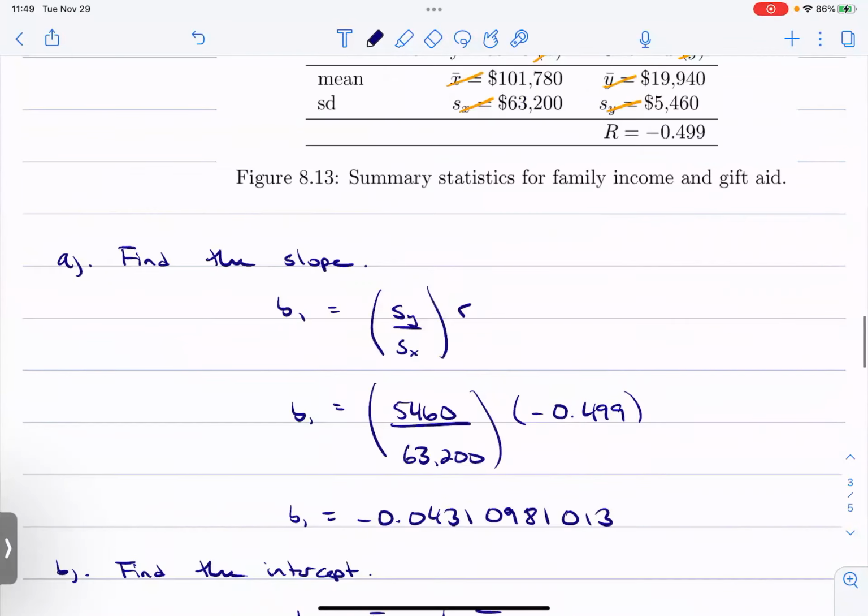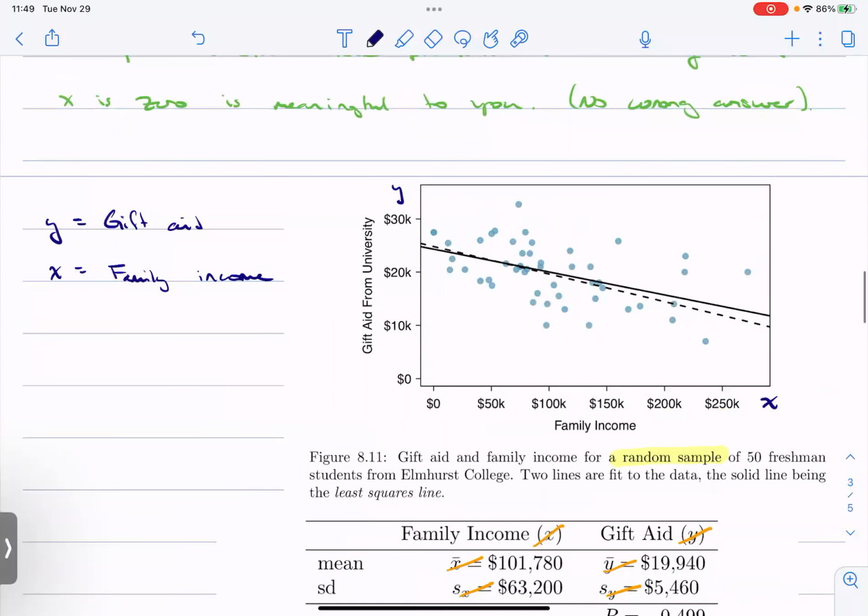And so I have the scatter plot here. And when I look at my x's, and I let x be 0, it looks like that can happen, or at least very, very close to it. So it's not that far off, right? So then it is meaningful to me to know what the predicted gift aid is when the family income is 0, because that's kind of the starting point, 24,000-ish.